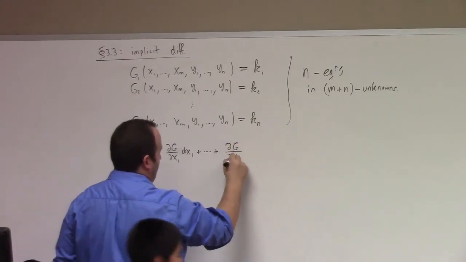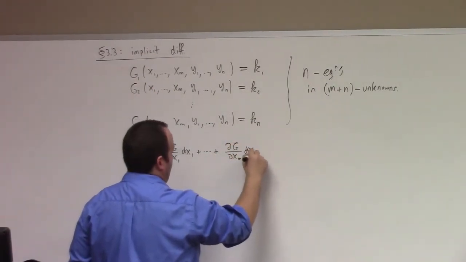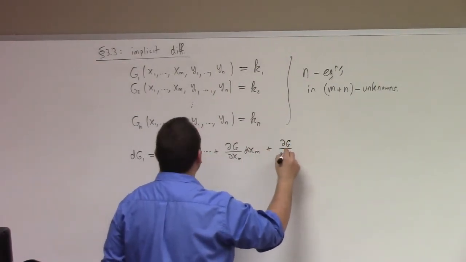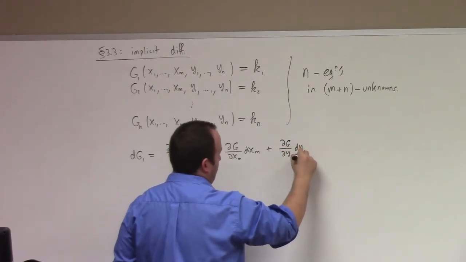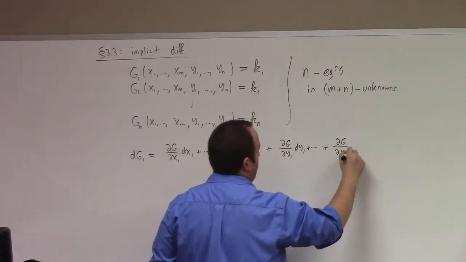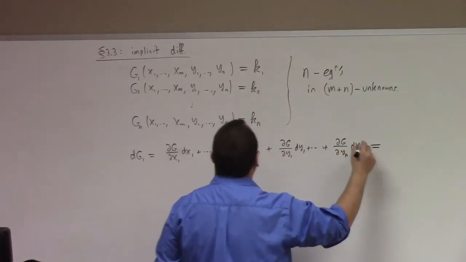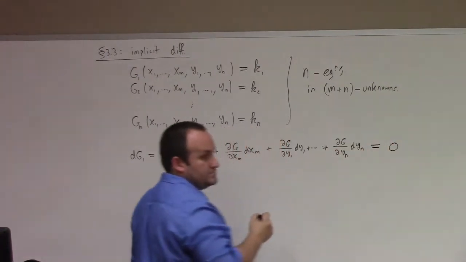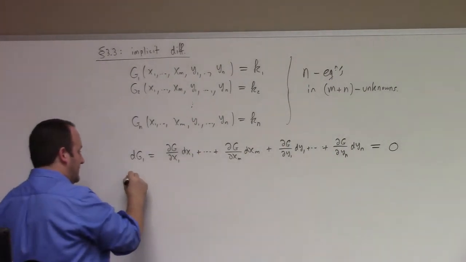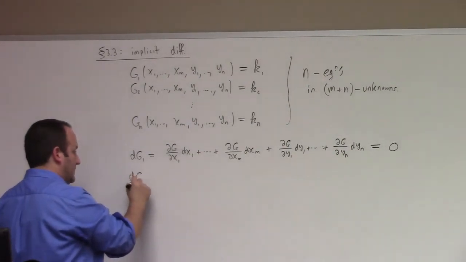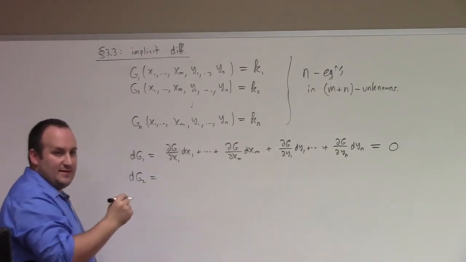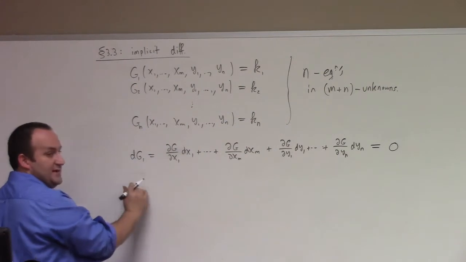Partial g partial xm dxm plus partial g partial y1 dy1, up to partial g partial yn dyn, equal to, well, 0, right? And then the total differential of G2, what's that look like? And you see I missed something, right? Yeah, in fact, let me not write this again because it's really not that interesting.